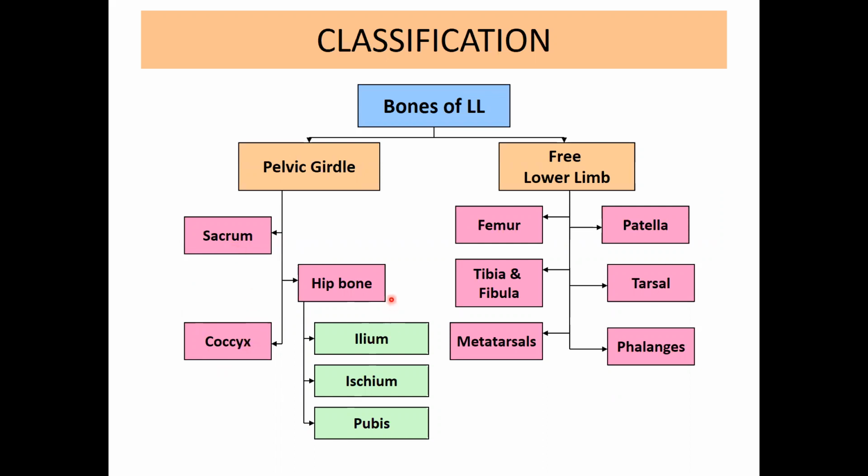But in this lecture, I am going to talk about just the hip bone, because sacrum and coccyx are under the spine. So I'm going to talk about this later in my lecture, anatomy of spine. So today, we'll talk about the hip bone. Hip bone consists of ilium, ischium, and pubis. While for free lower limb, there are femur, tibia, fibula, patella, tarsals, metatarsals, and phalanges.